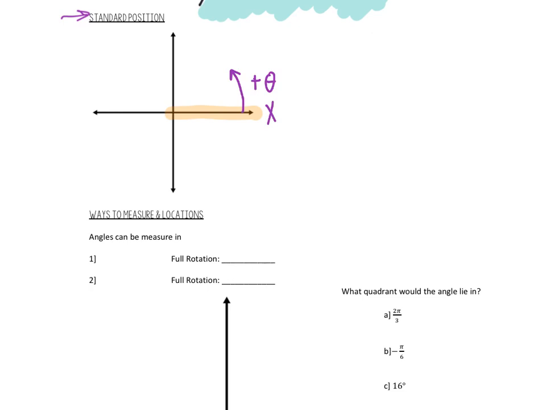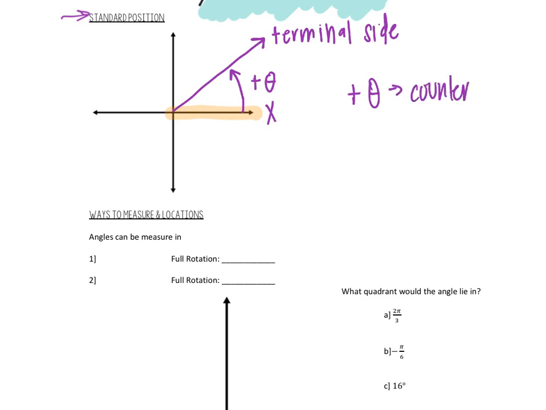The symbol that we use for angle is that theta value. Then, wherever it lands, let's say that our angle lands there, that is called the terminal side of the angle. Terminal just means end. So a positive angle goes counterclockwise. You can probably put two and two together.